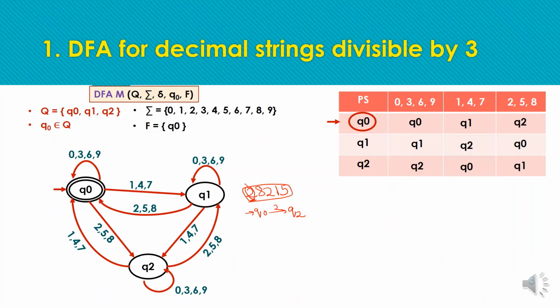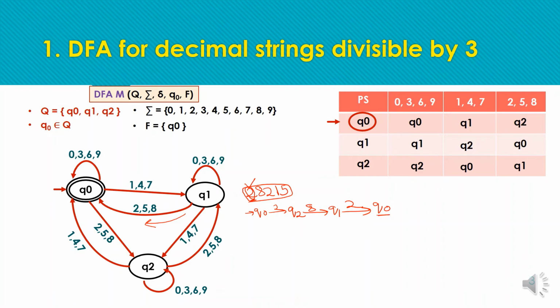Okay, and from Q2 on getting the input symbol 8, we are moving to the state Q1, and on Q1, after getting a 2, we are moving back to the initial state Q0.